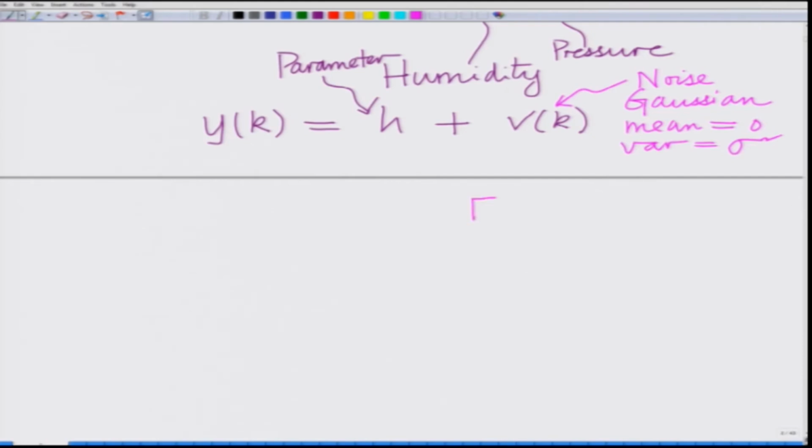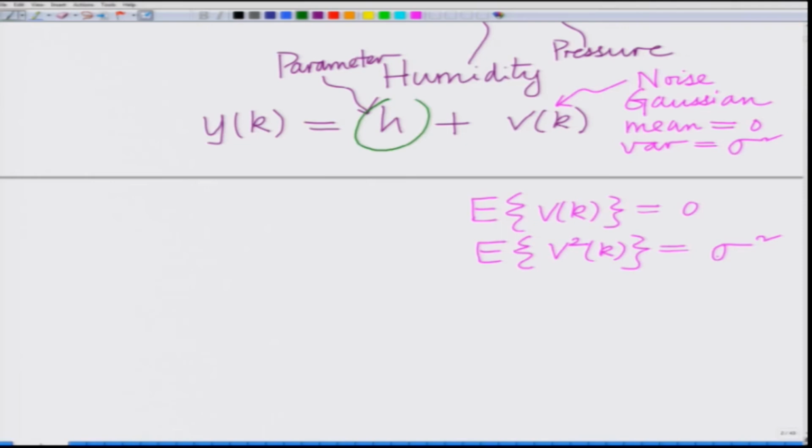Mean 0 means the expected value of vk equals 0, and variance sigma square means the expected value of vk square equals sigma square, since we are considering real parameters or real noise. If it is complex, then we have to write the expected value of the magnitude of vk square.